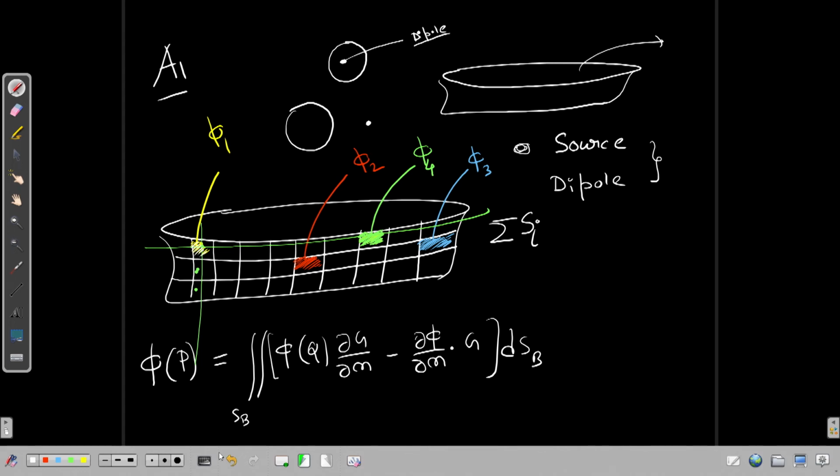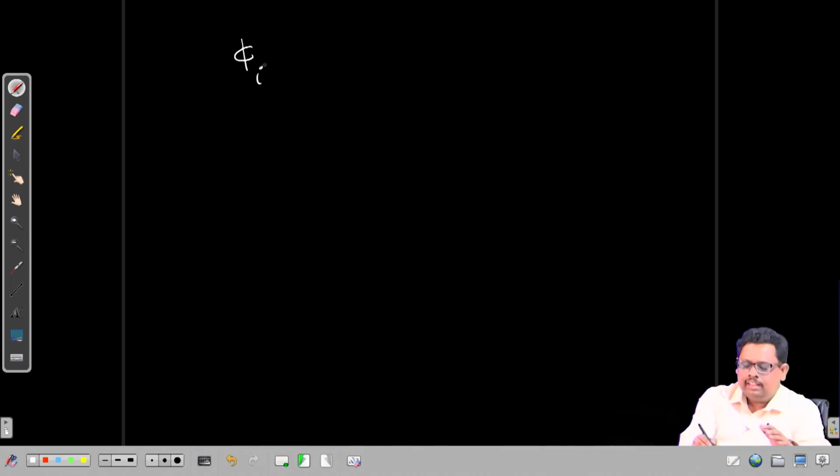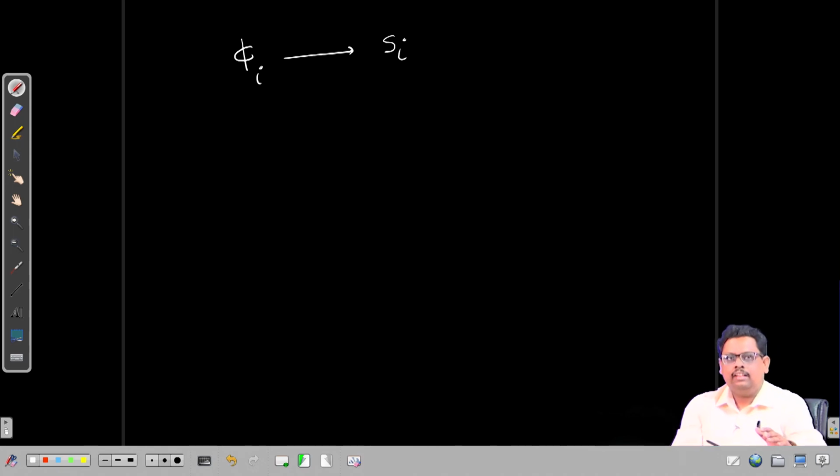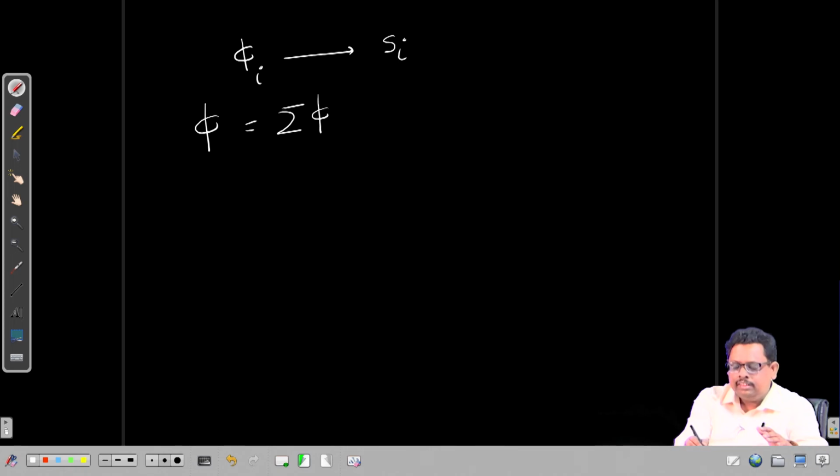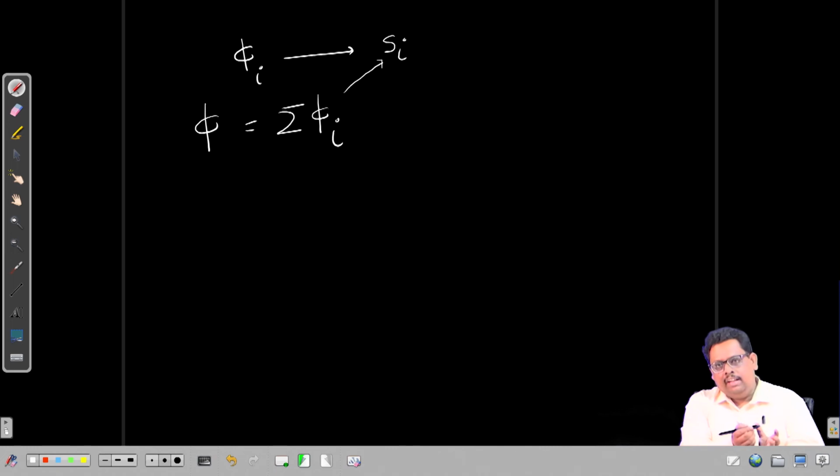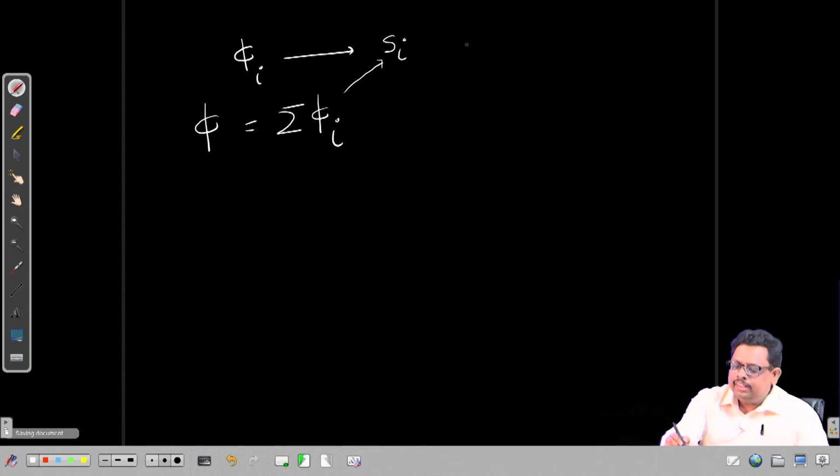So, I say the value of phi i is constant for this panel S i. This phi is also the summation of some small phi i, and it is constant over some area but different from the different area. What is the meaning of that?